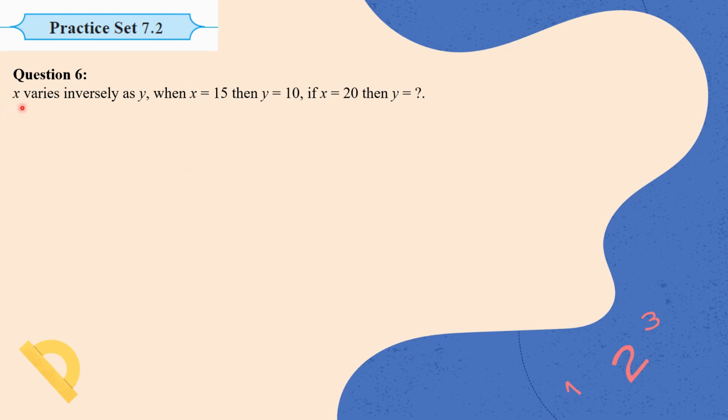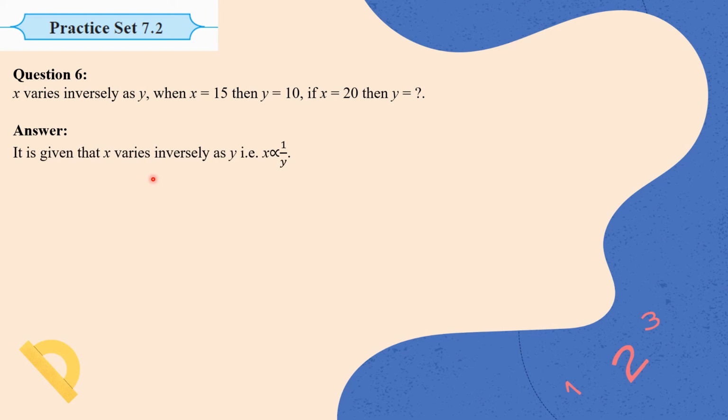Practice set 7.2, question number 6. Given that x varies inversely as y, when x is 15, y is 10. If x is 20, we have to find out the value of y. So we'll follow the same procedure.